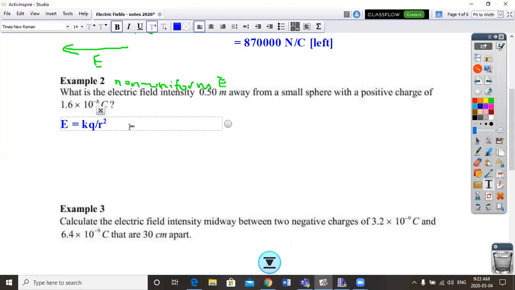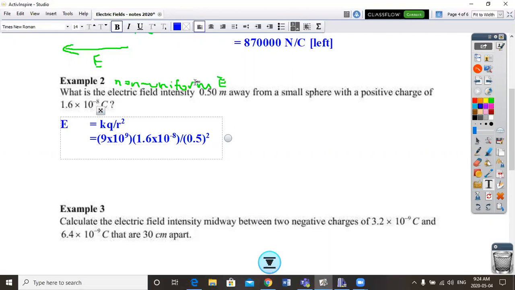And we can get the magnitude very easily. So this is going to equal 9, Coulomb's constant, so 9 times 10 to the power of 9 times Q, which is 1.6 times 10 to the power of -8, divided by R, which is 0.5 meters, and we're going to square that.